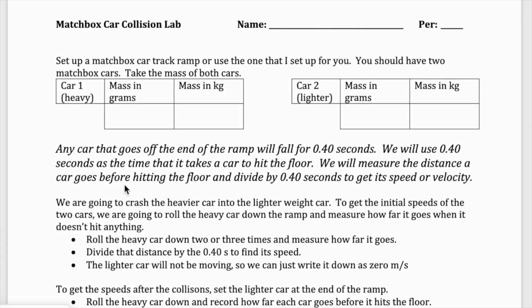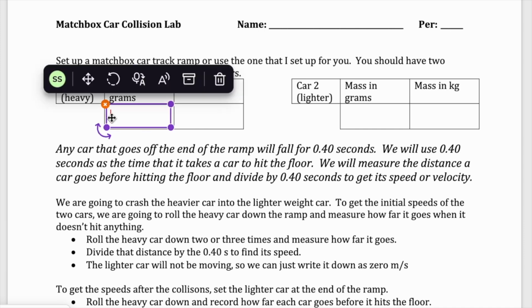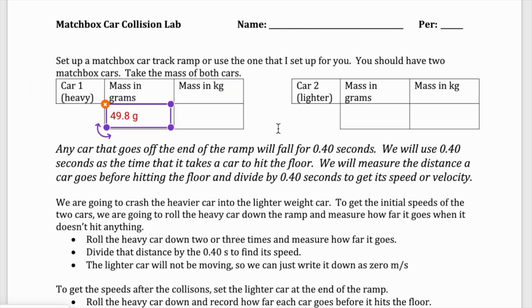All right, when you're doing this lab, we put a place for grams and for kilograms because, although we recorded the mass in grams, for example, the heavier car was 49.8 grams, I need you to actually convert it to kilograms because we need to use kilograms when we're calculating kinetic energy or momentum.